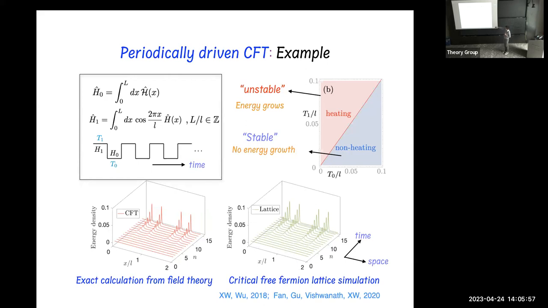The location of this peak is determined by the operator evolution, by the fixed point I introduced in the previous slide. This is a conformal field theory calculation, and we also do the simulation on a lattice model. This is the lattice free Fermi model. You can find they agree very well. So this is a feature in this heating phase, where the total energy of the system will grow in time. Okay.